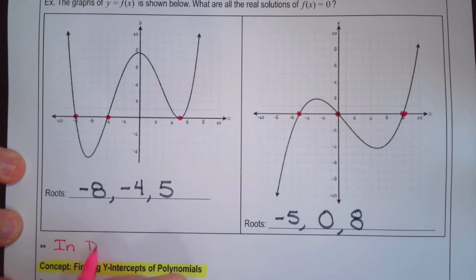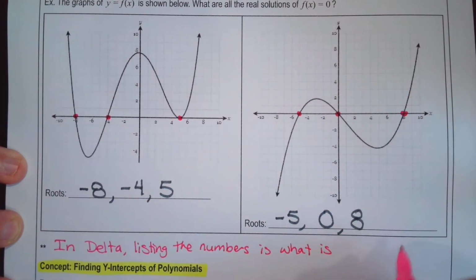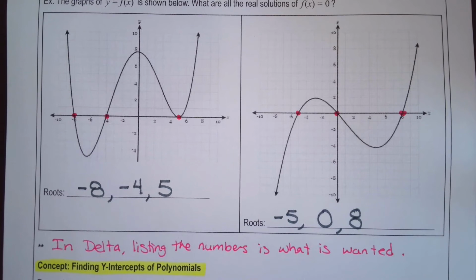So in Delta, listing the numbers is what is wanted. Normally we would list our x-intercepts as coordinate points. In Delta Math, they just want you to list the numbers of the x-intercepts.